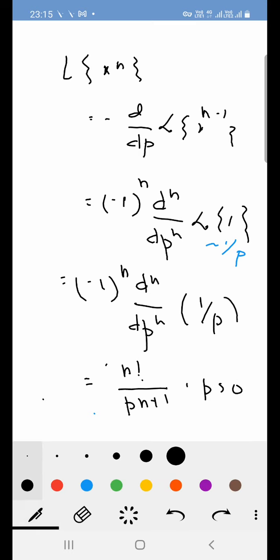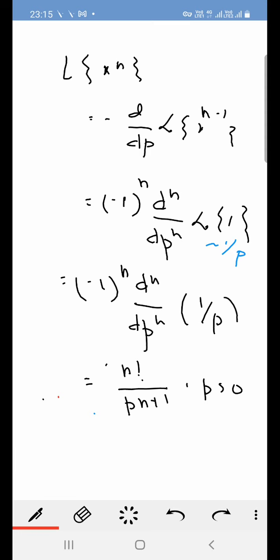So again we write the expression that Laplace transform of x to the power n is equal to n factorial divided by p to the power n plus 1 where p is greater than 0.